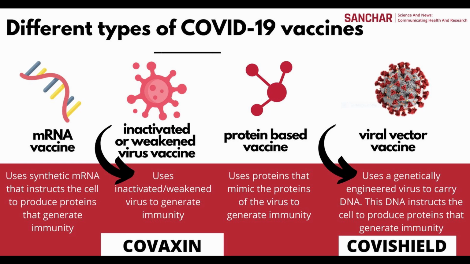There are vaccines which utilize inactivated or weakened virus to generate immunity, such as Covaxin, which is yet to be released. There are also protein-based vaccines in development that use proteins that are very similar to the spike protein in order to generate immunity. Lastly, there are the viral vector vaccines, where we use a genetically engineered virus, typically an adenovirus that's genetically engineered to not cause infection, which carries DNA inside itself, and it instructs your body ultimately to produce the spike protein.